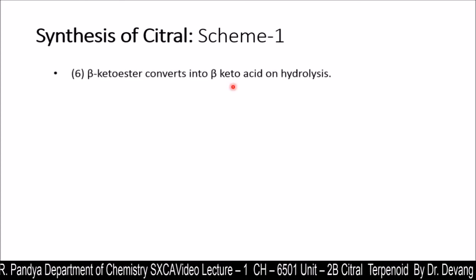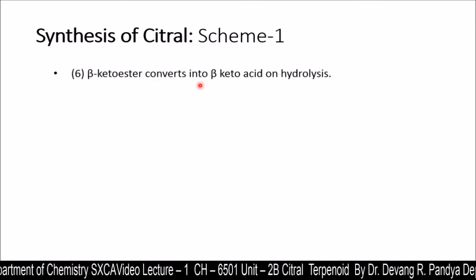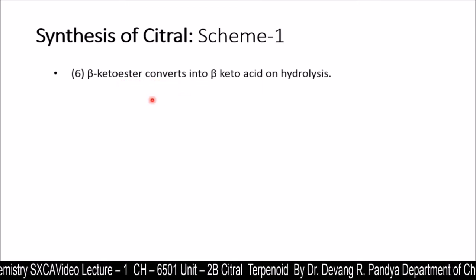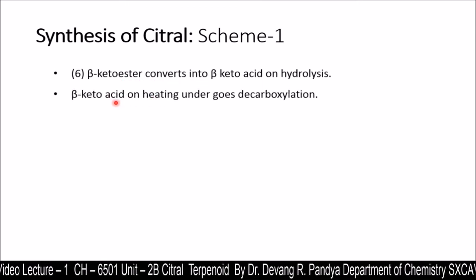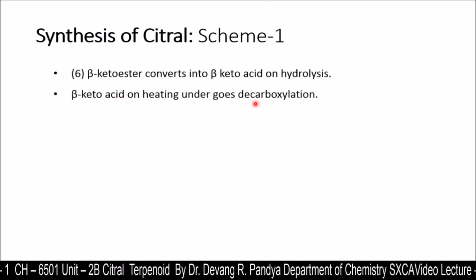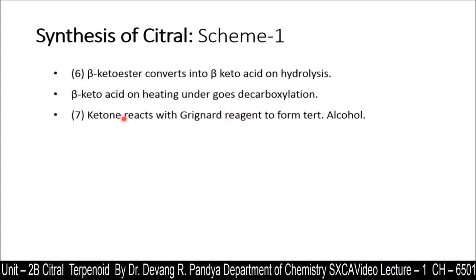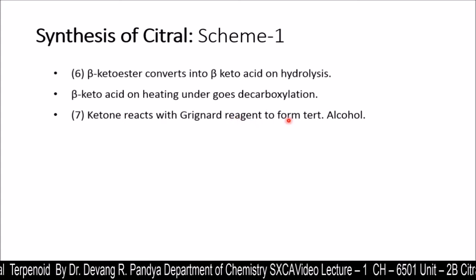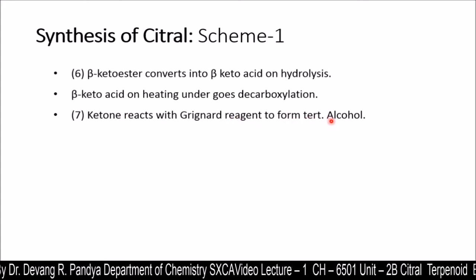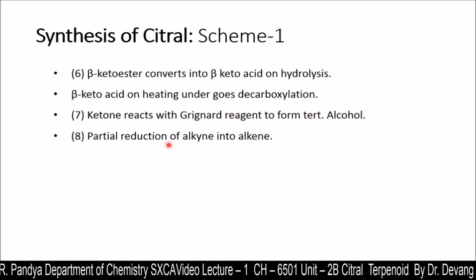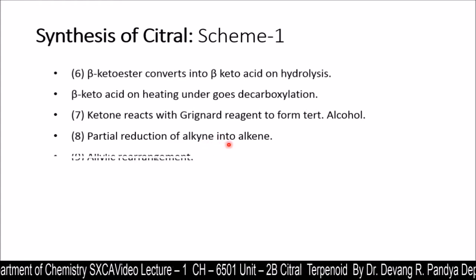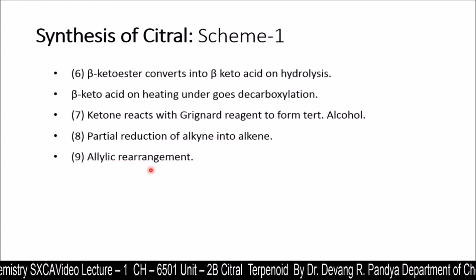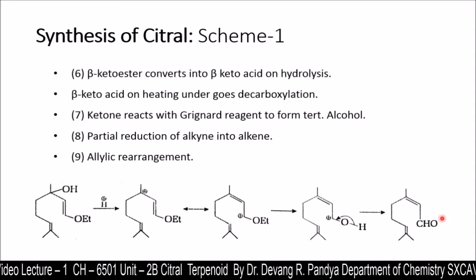Then in the 6th step, the beta ketoester converts into beta keto acid on hydrolysis. Then the beta keto acid on heating undergoes decarboxylation. The ketone reacts with Grignard reagent to form a tertiary alcohol. Then partial reduction of alkyne into alkene. Step 9, allyl rearrangement, and then we get citral.